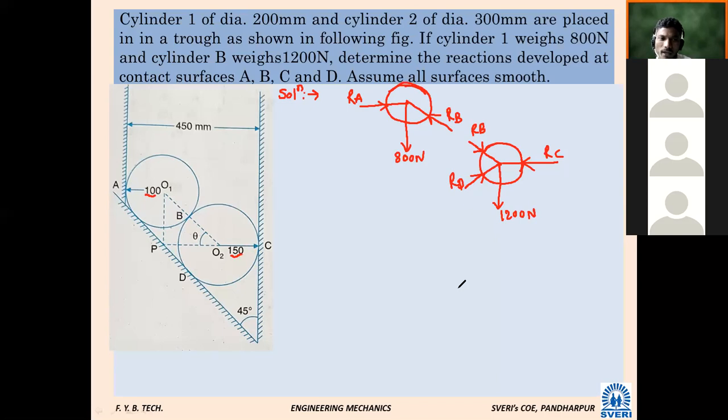How can we find that? Which triangle should we consider to find the angle between reaction RB and the 800 Newton force?